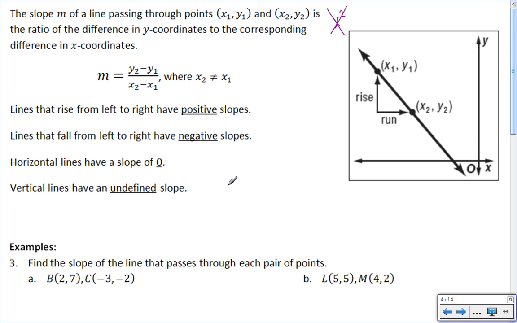The two things that come to mind as a real world example of when slope is involved are roads and roofs. So think about roads. If you were to drive on a road and you're going uphill, that would be a positive slope. If you were going downhill on a road, that would be a negative slope. Uphill is positive, going up. Downhill is negative, going down. Now you could drive on a road that's completely flat.